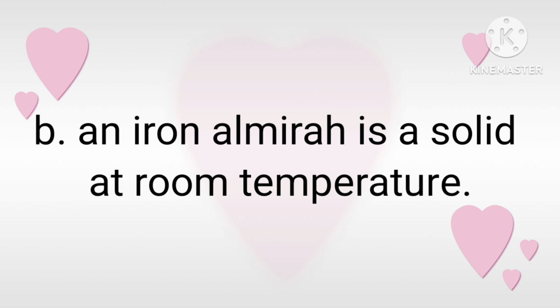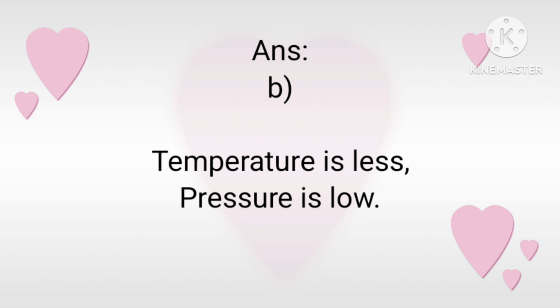Second question. An iron almirah is a solid at room temperature. Iron, you must have known, you use it. It is always a solid at a temperature of 25. Room temperature means around 25 to 30. Why?